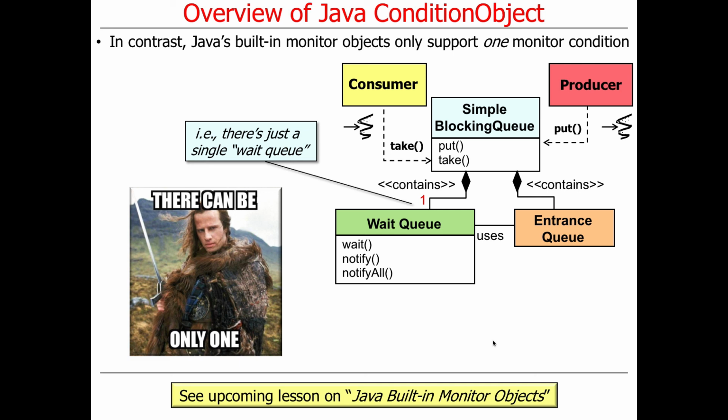Every monitor object has one and only one wait queue, because it has what's called an implicit, intrinsic condition object, or I should probably say the intrinsic condition variable. So basically the monitor has one of these things, and so there's only one wait queue.